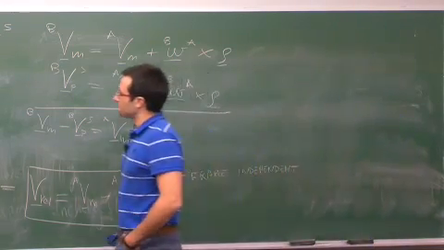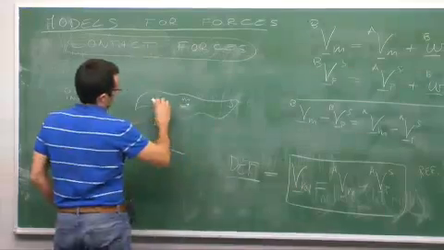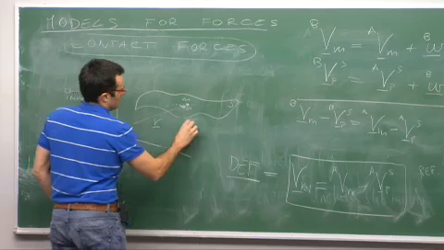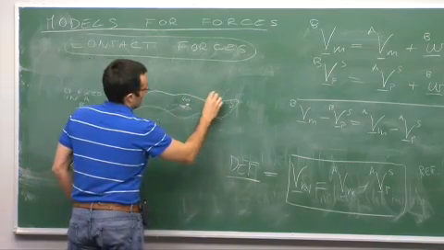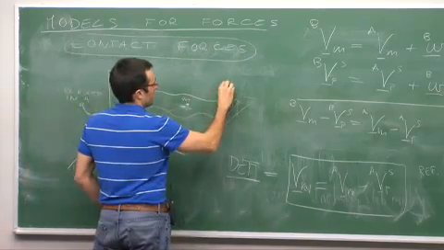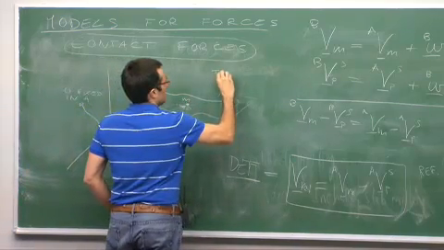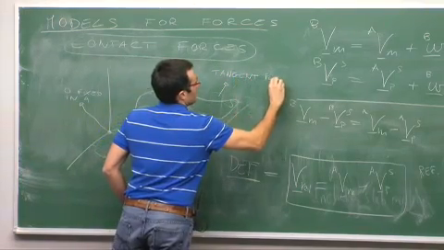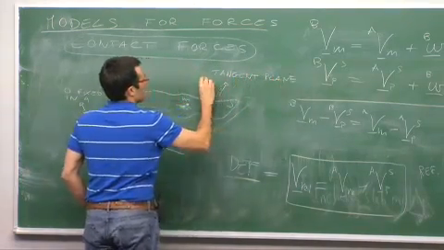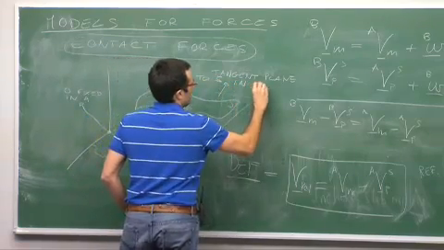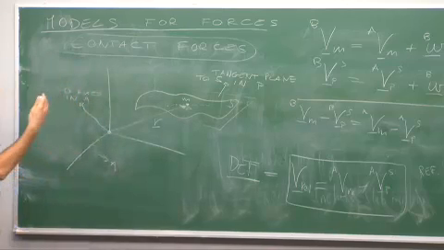Let me add one more ingredient, and this is not supposed to make much sense because my drawing abilities are very minimal. But this is supposed to be the tangent plane to S in P. That's why I said it's differentiable.